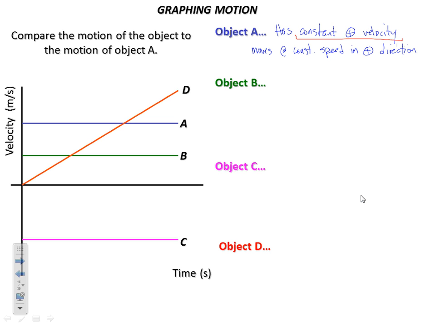Okay? So talk to me about what object B's motion is like compared to object A. So compared to object A, object B does what? Things I want you to consider: talk about speed, talk about direction, talk about distance traveled.